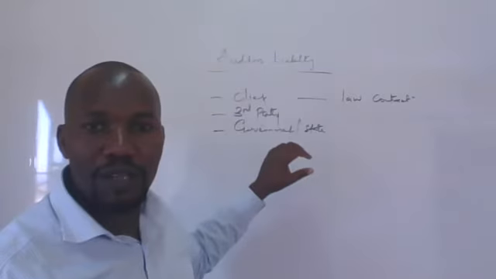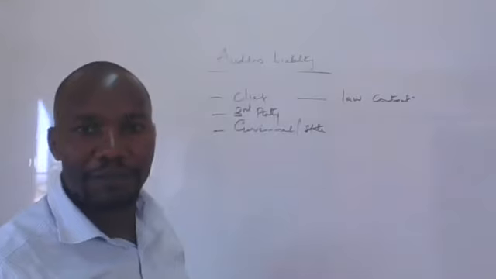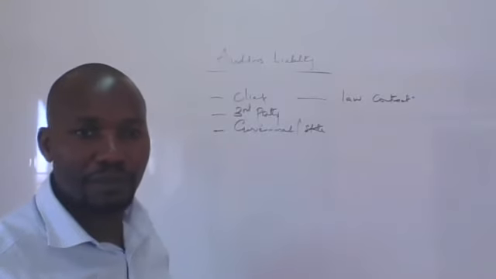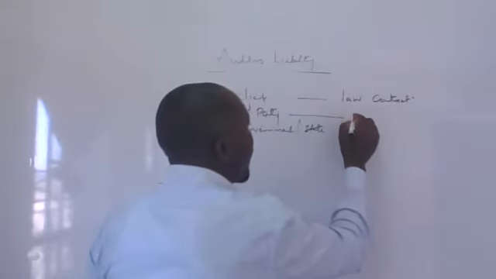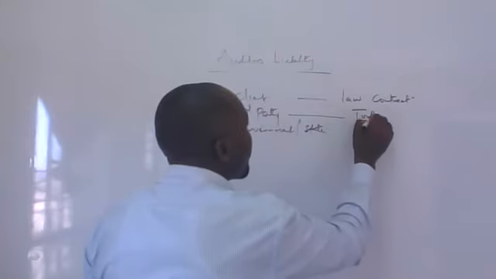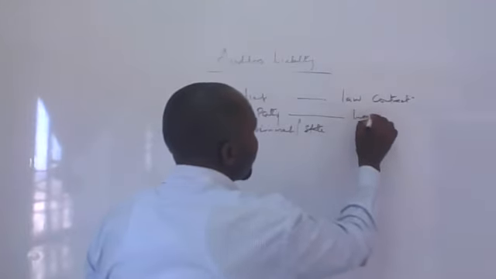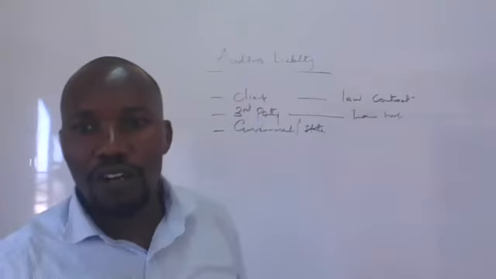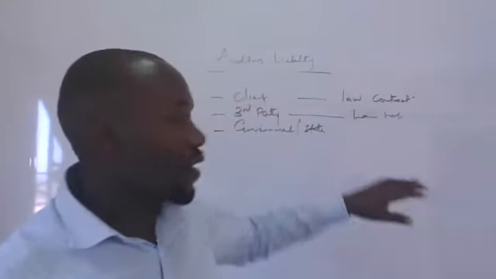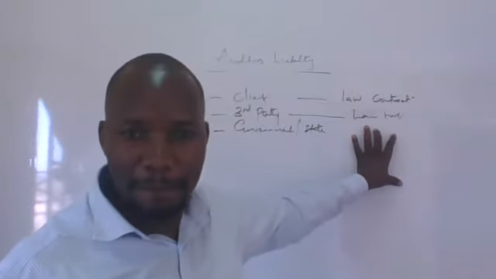The second person that we have liability to is the third party. Under third party, we have liability under the law of tort. When you're doing company law, there is the law of tort. This basically means injury without harm.